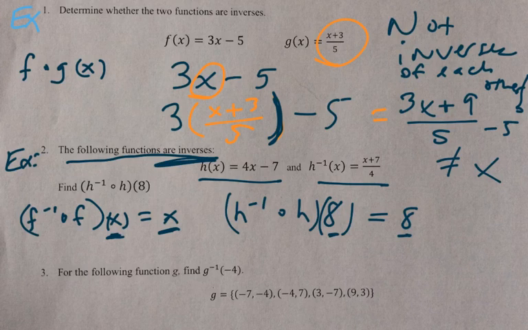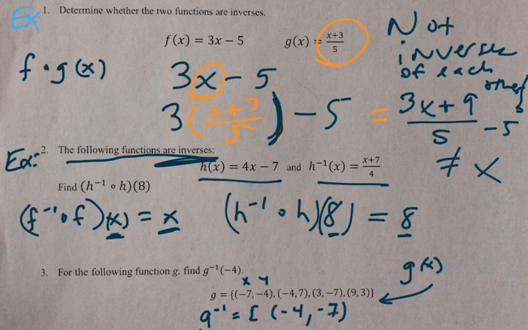This last one. Here's a big thing about inverse functions: their x and y values are switched. So if I have g of x and I get these points here, then g inverse of x is just the reverse of these. If this is my x and y, then my y would become my x and my x becomes my y.